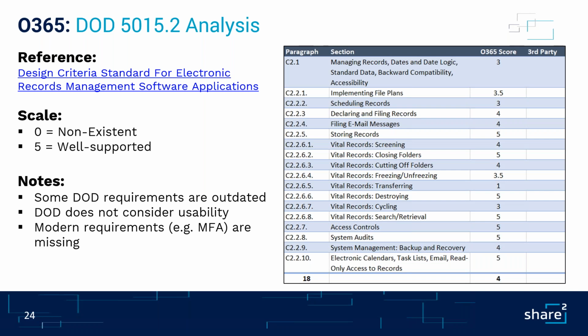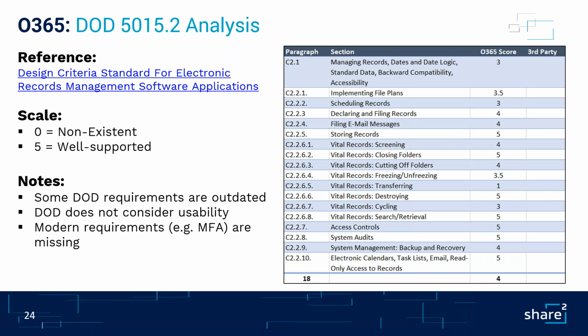We looked at it from the perspective that some of the DoD requirements are out of date, because if you originally came up with those specs in the 90s and then updated them in 2002, well, a whole lot's happened in the last 18 years, right? We also looked at the fact that the DoD doesn't necessarily consider usability.